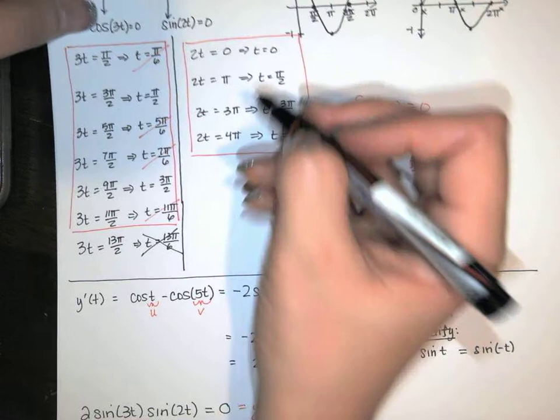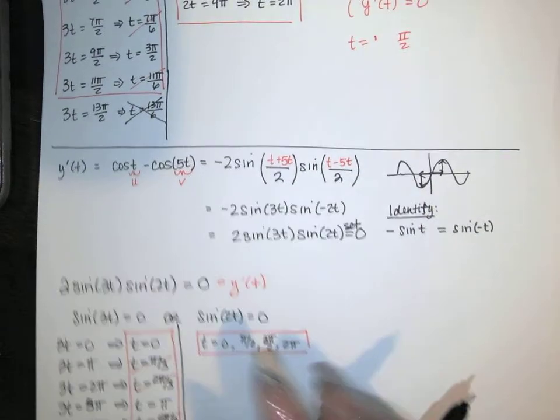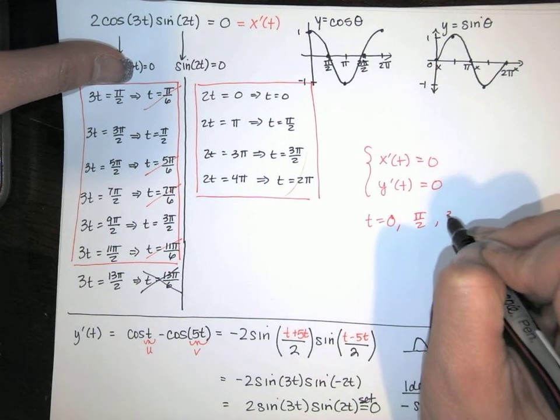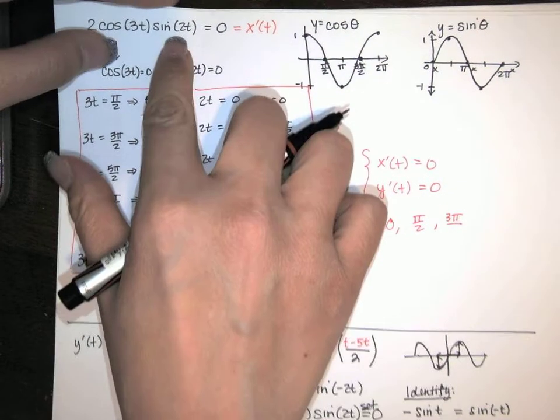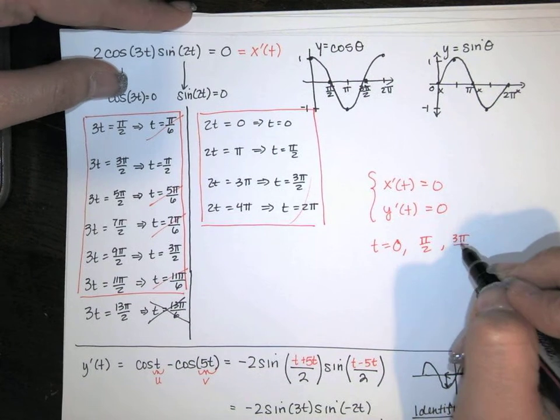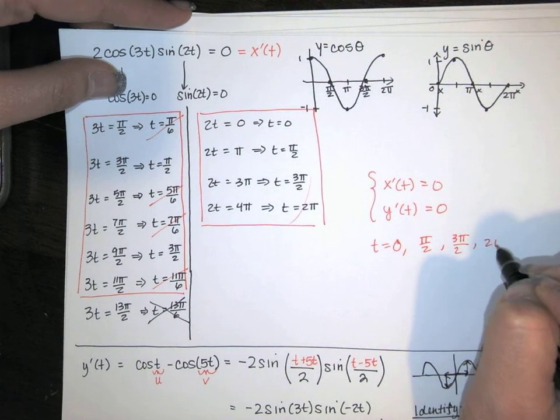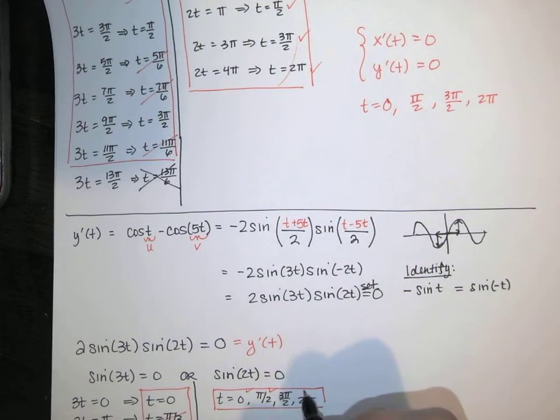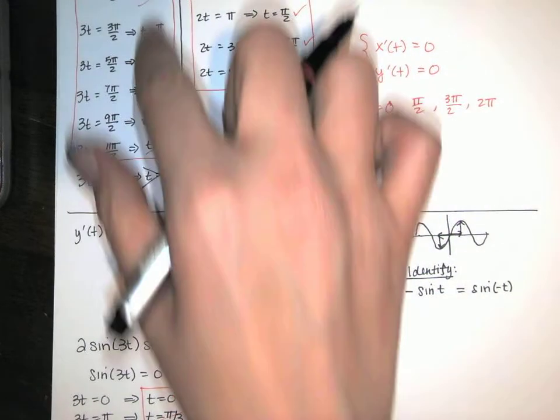And I also skipped one. What about 0? Is that on both lists? Yes. Actually, all of these guys are on both lists, so let's write those down. Because we had that sine of 2t equals 0 for both equations. Okay, so those are good. Now let's look at these lists.